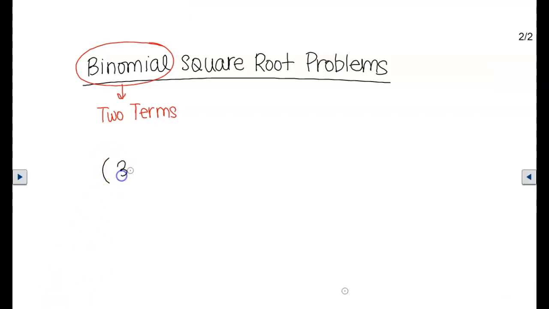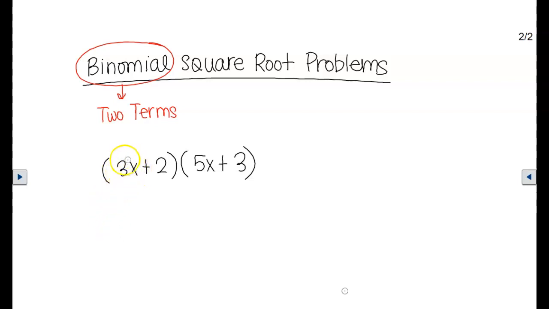You all will remember that back when we were in our polynomials chapter, we learned to multiply binomials together. So we learned to do problems like 3x plus 2 times 5x plus 3. Now we do that by first distributing.